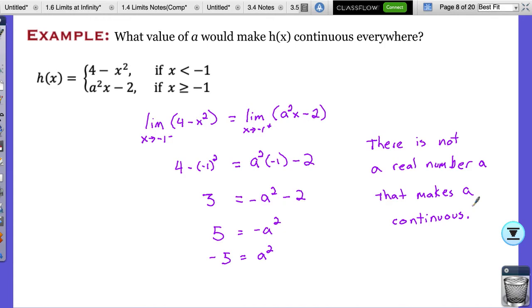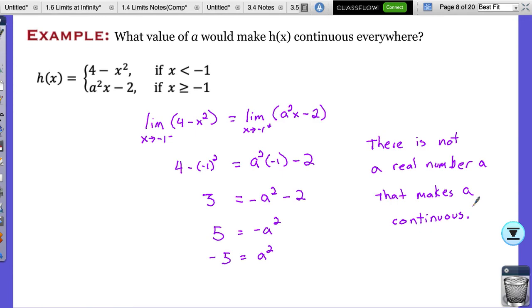You got the what? All right, square root of 5. Anybody else get square root of 5? All right. It's kind of a troll question. There's not a value here that works.